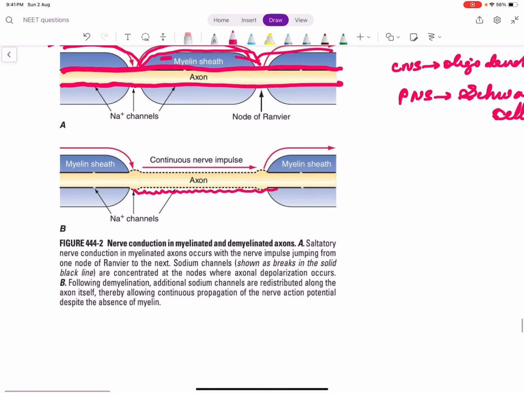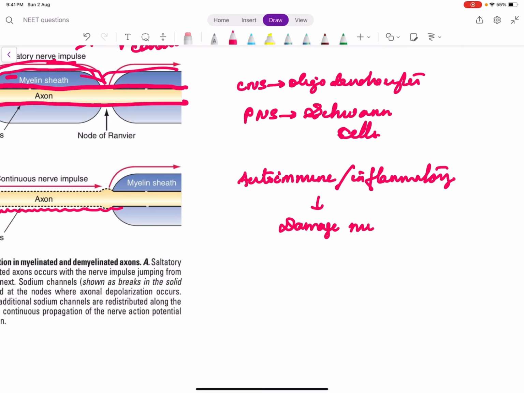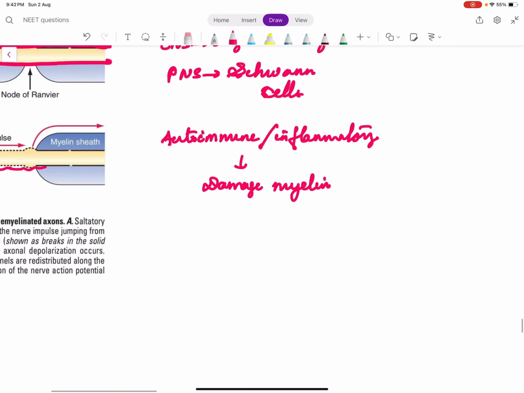So there are some diseases, especially autoimmune diseases or inflammatory diseases, which damage the myelin. In immunology, we have 2 types of cells, B cells and T cells. Usually cell-destroying immunity will be cytotoxic T cells, or T cell mediated immunity, or cell mediated immunity.